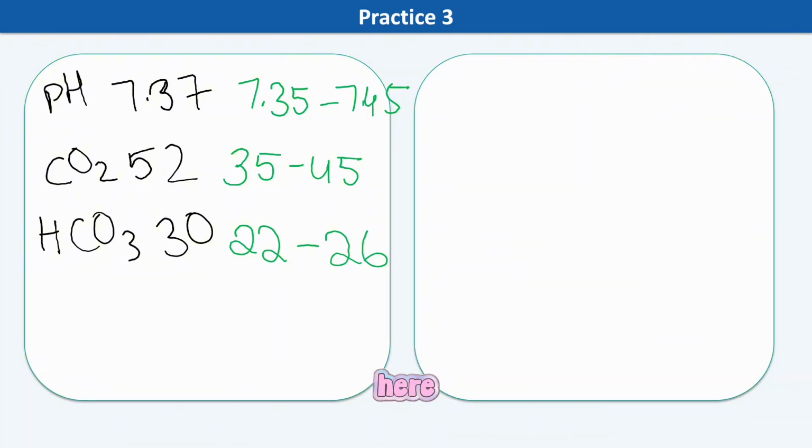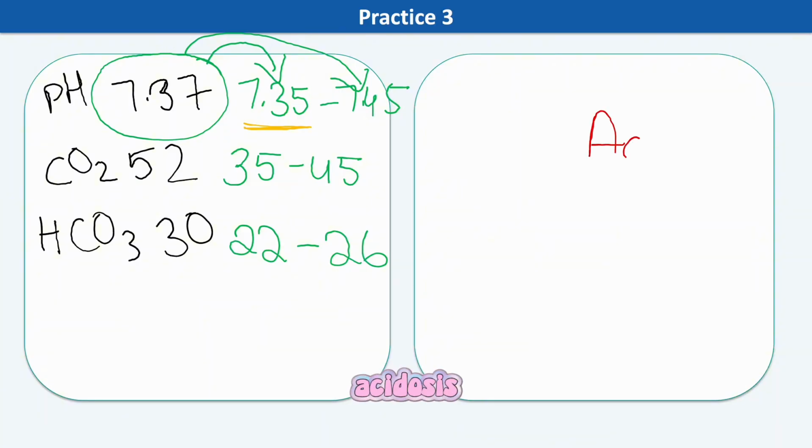Okay, here you're going to be like, well, the pH is back to normal, so what are we looking at? We want to see where it came back to normal from, right? So we have 7.37. Is this close to 7.35 or 7.45? Obviously, it's close to 7.35. So that means it was in the acidic state. So we are going to put down acidosis.